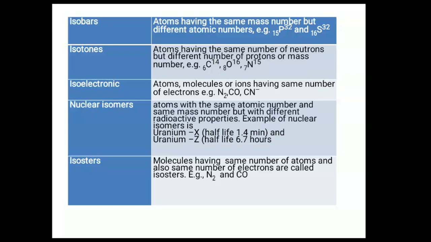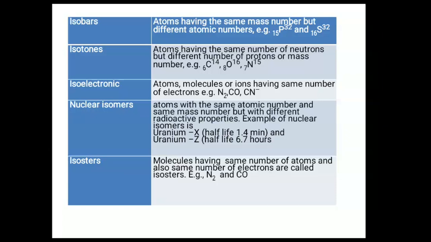In N2 there are total of 14 electrons. In CO, carbon 6, oxygen 8, so there are 14 electrons. In CN negative, carbon 6, nitrogen 7. Since they are carrying a negative charge, we have to add it. So the total becomes 6 plus 7 plus 1, that means 14 electrons. So these are the isoelectronic species.